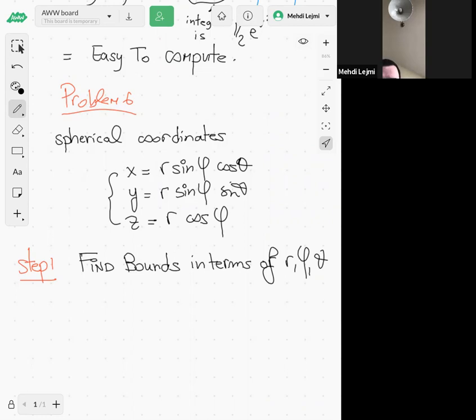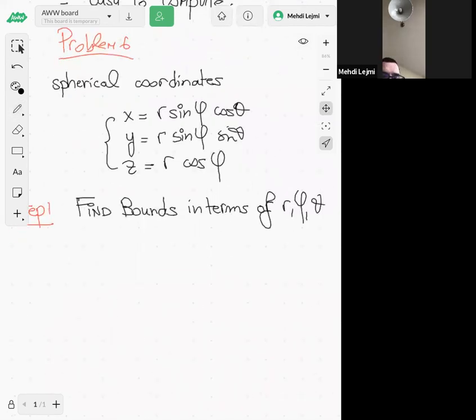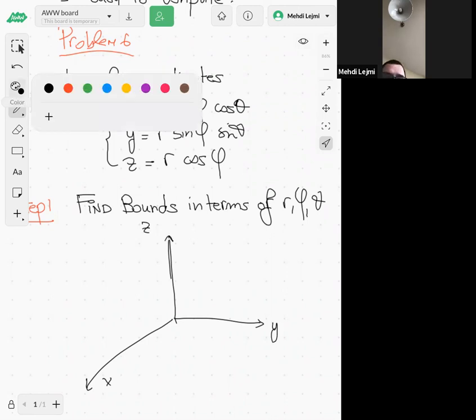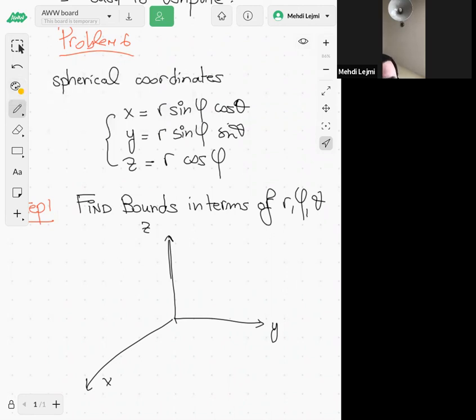If you want to sketch this solid S, here are the x, y, and z axes. First you have a ball of radius 1. My sphere is not very nice, but this is supposed to be 1. Then another sphere of radius 2, so here's 2 somewhere.